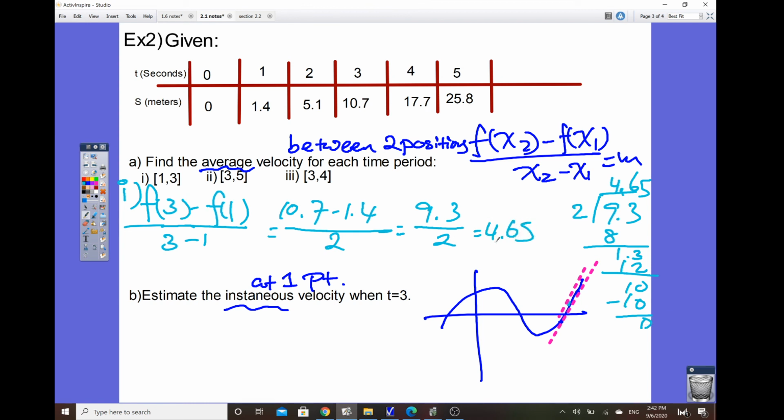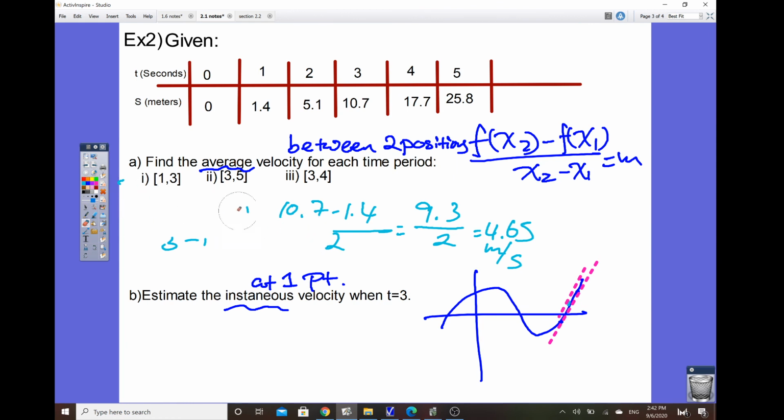So that shows meters per second for the unit. And then for the rest of those, you want to do the same thing and find the slope. The one I really want to find is the one right between 3 and 4, because that is getting closer to the instantaneous rate of change at 3.